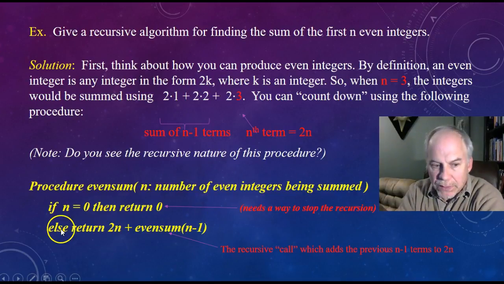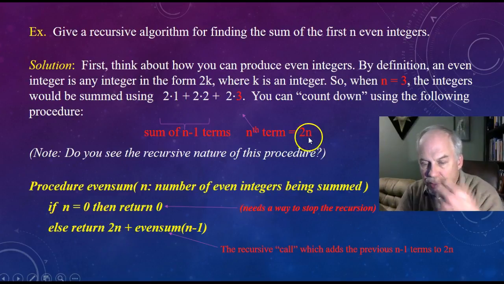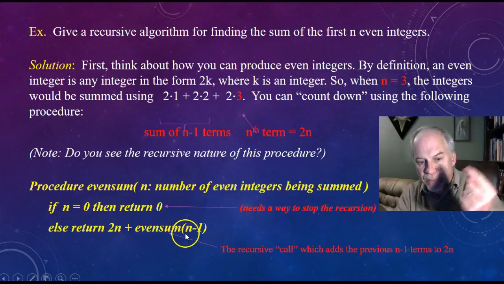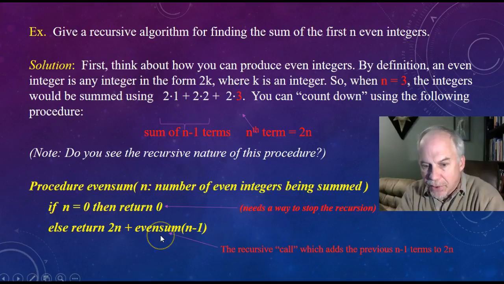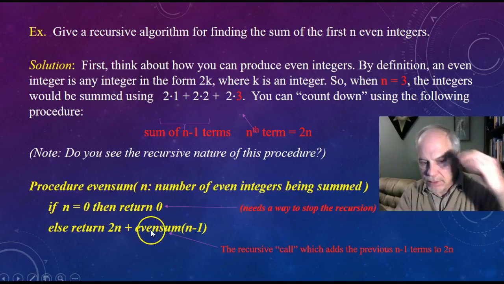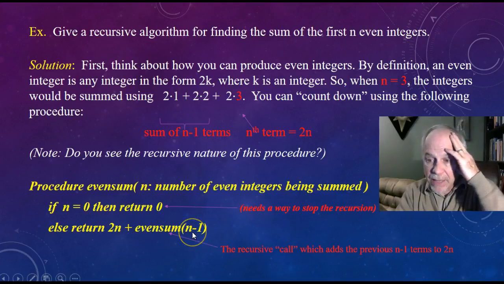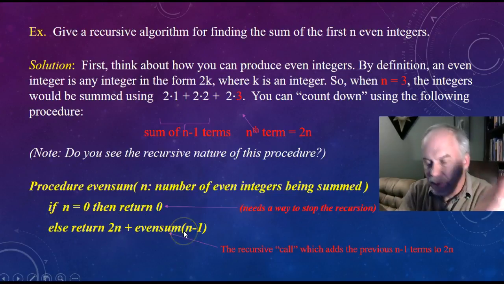Okay. Now, the else part of this is to return the sum of 2n, which was that new term, plus the previous sum. So this is the recursion call, the call to repeat the algorithm. It's going to give the sum of the previous n minus 1 terms, because it always adds 2n plus the previous sum.